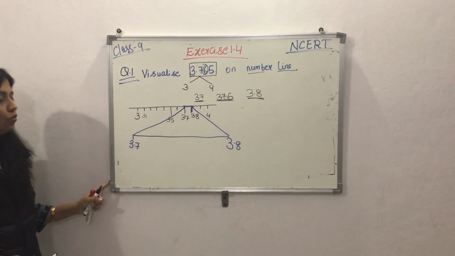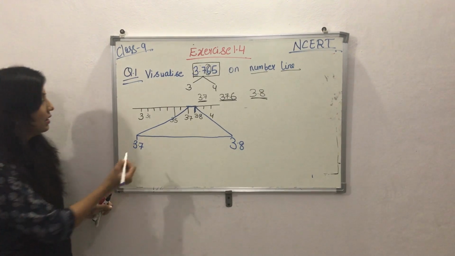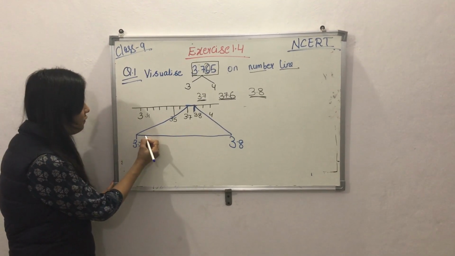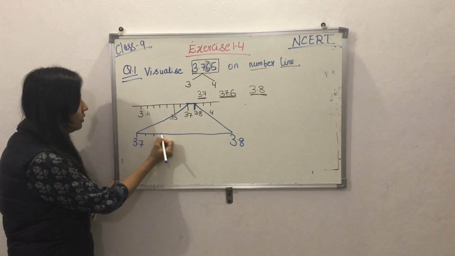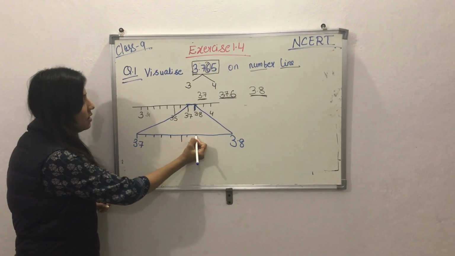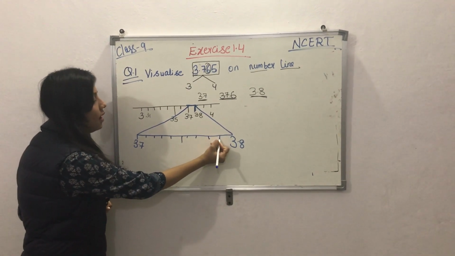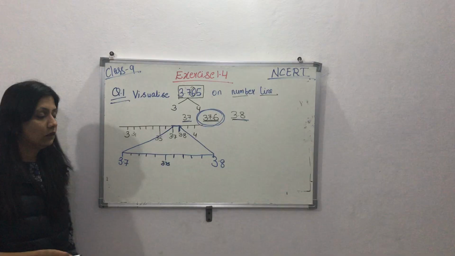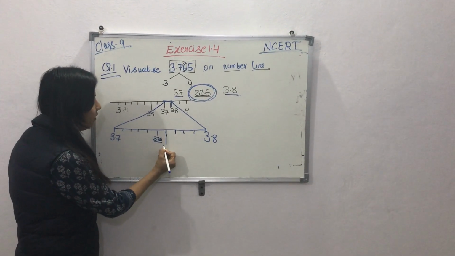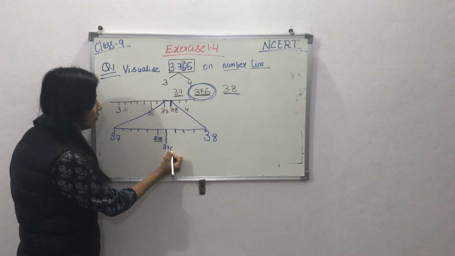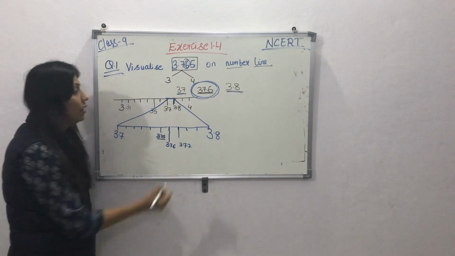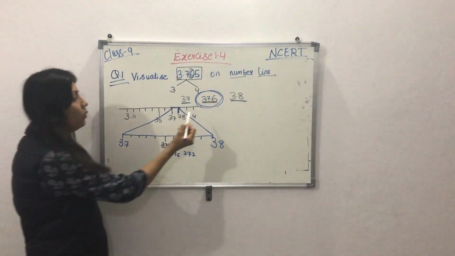Now I will again divide this blue line into 10 equal parts. So this is my first part, second part, third part, fourth part, fifth part, 6, 7, 8, 9 and 10. So now this is 3.75, this is my 3.76 and this is my 3.77. Now what is the next number which I want?